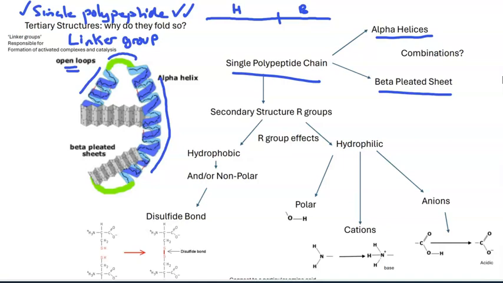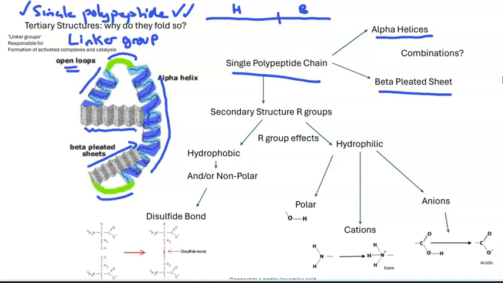The second helix then gives way to a beta pleated sheet that seems to be attached back to the helix, and then at the other end another open loop or linker group attached back to the alpha helix.